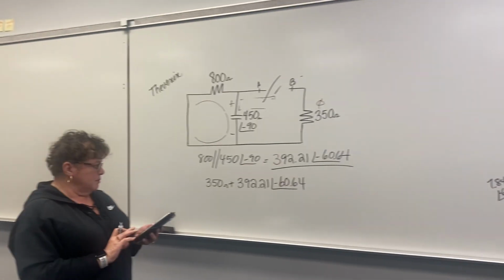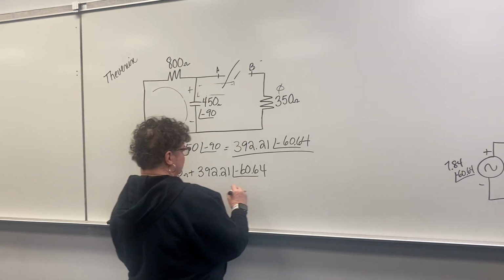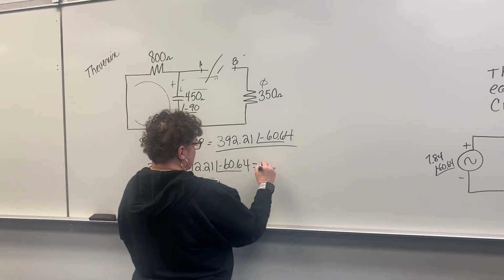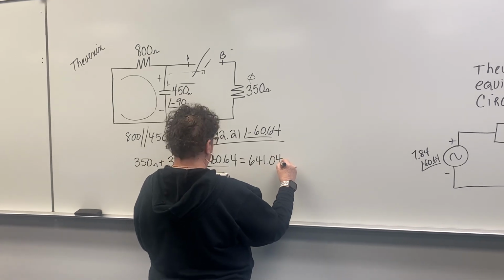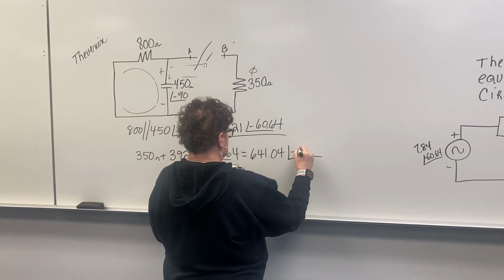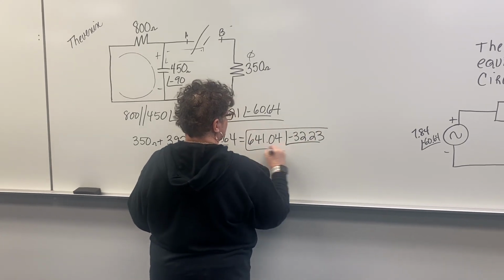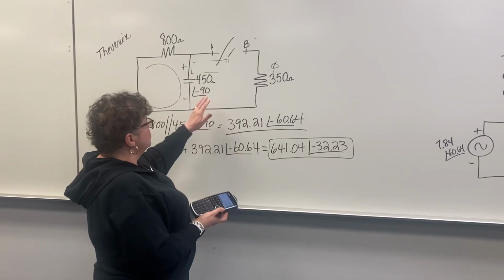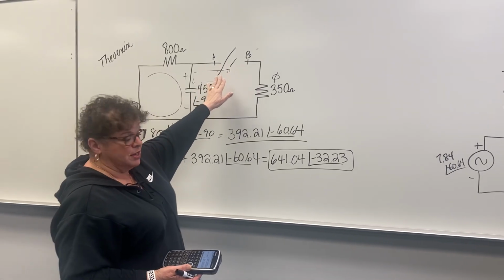So let's add them together, 350, and we get 641.04 ohms at an angle of -32.23. That is this original circuit minimized with the fake battery where the source is.